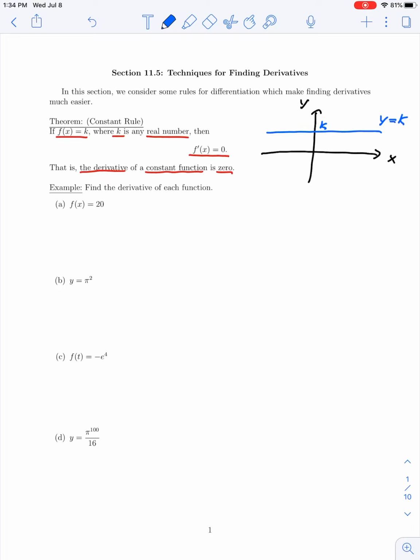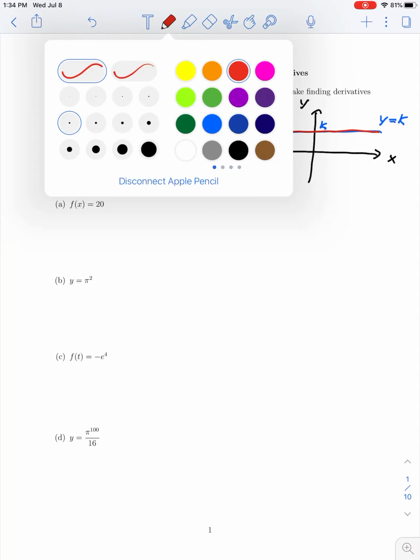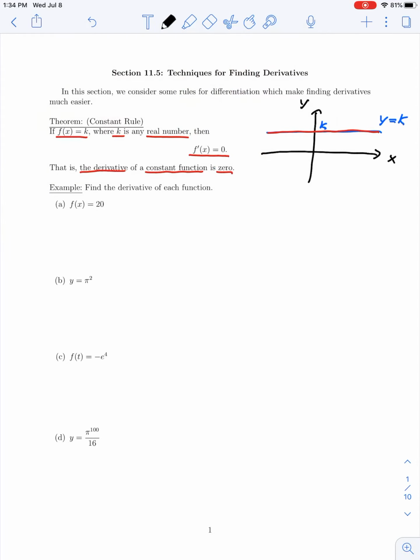So the tangent line to this graph would be the line itself. So the slope of that tangent line, which is our derivative, would be 0 because the slope of a horizontal line is 0. So let's look at some examples making use of this constant rule.